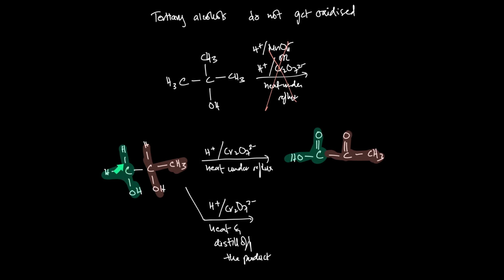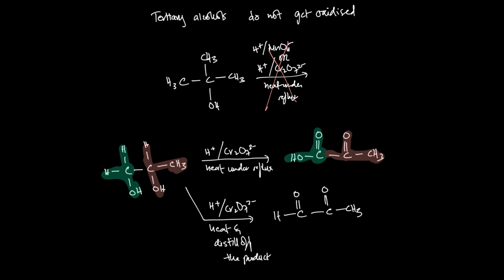What will I produce for the primary alcohol? If I'm distilling, I will produce the aldehyde. And what about the secondary alcohol? I still produce the ketone. So a ketone can be formed whether I heat under reflux or I distill. I will always produce a ketone. Ketones won't be further oxidized.